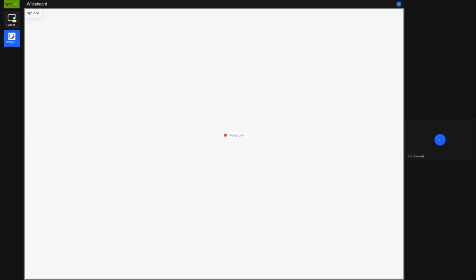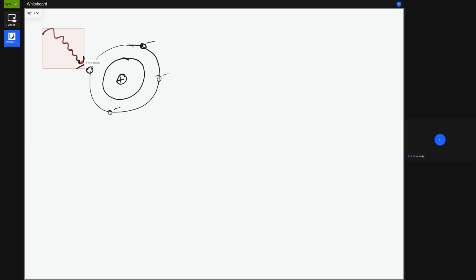Now let's say this is an atom. This is the nucleus of the atom, and these are the electrons. Now what happens is when X-rays hit this electron, some of the energy gets absorbed. So when X-rays encounter these atoms, some energy gets absorbed, whereas some gets dissipated.